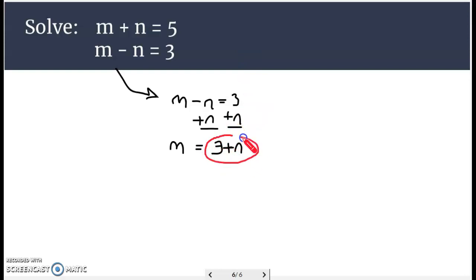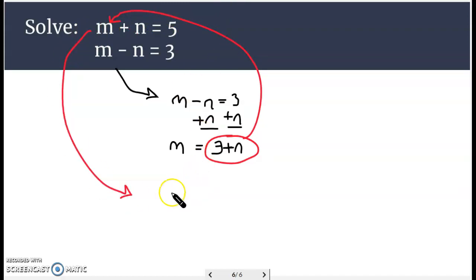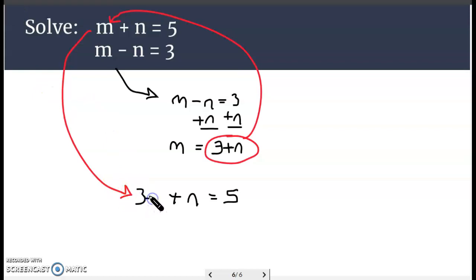Take 3 plus n. I'm going to go back to the original equation. Original equation had an m right here, but now I know what m equals, so I'm going to use the quantity 3 plus n.